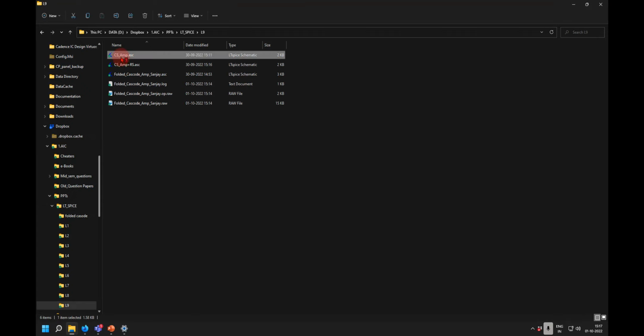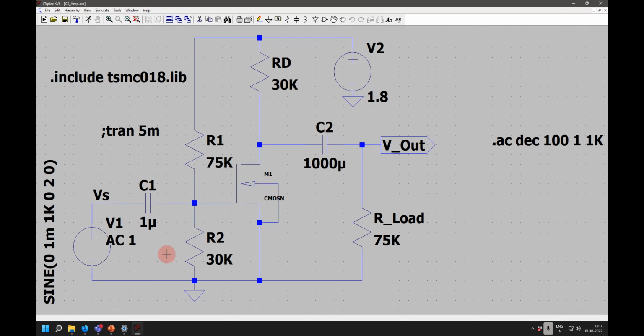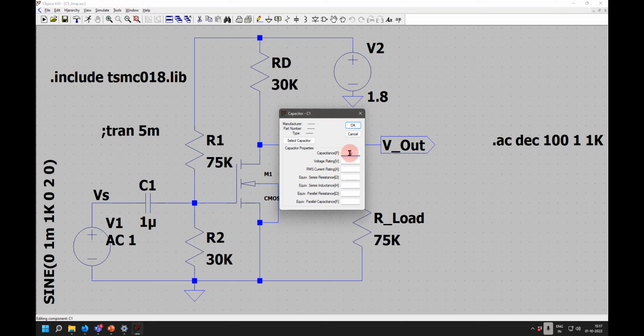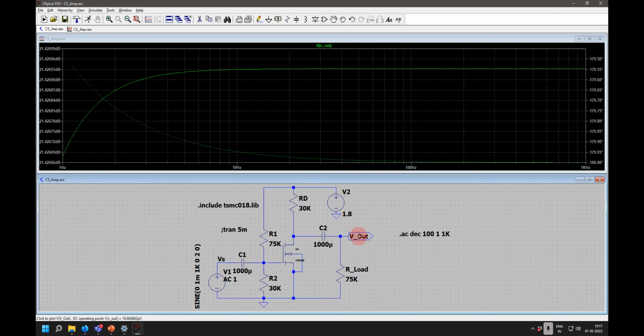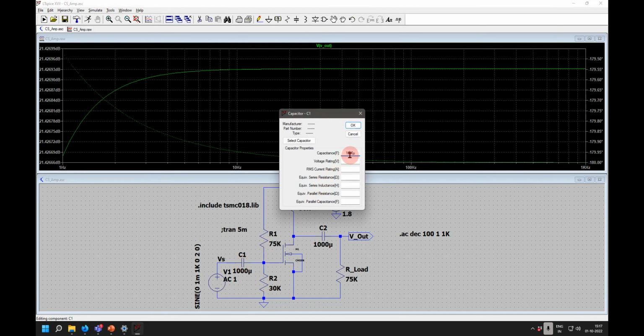Now if I talk about a CS amplifier, if I put 1000 micro out here and do an analysis, this is what I get. This is 1 kilohertz. If I reduce this 1000, I am sweeping only till 1 kilohertz, so at high frequency that attenuation is not shown.